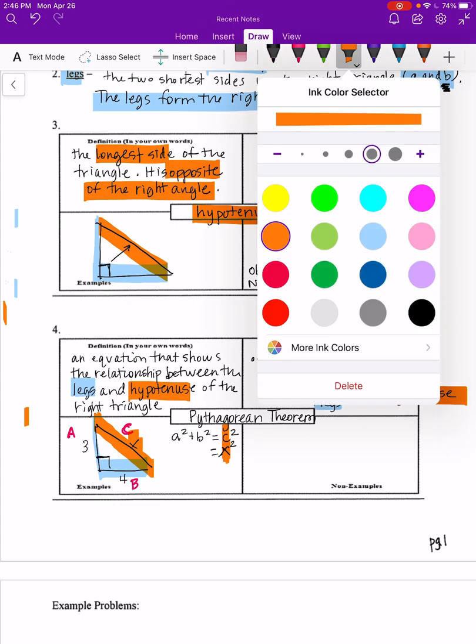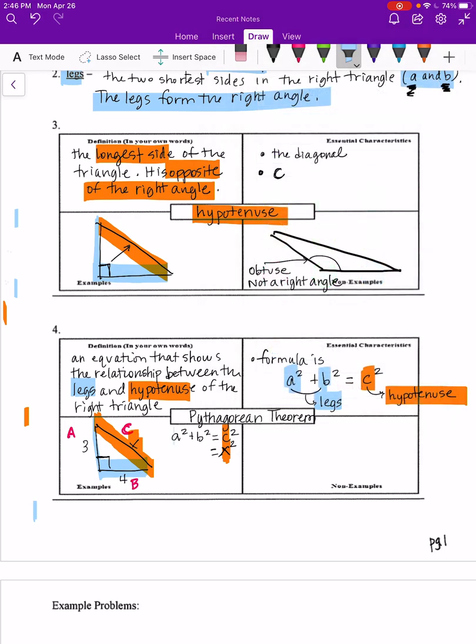Now we replace a and b with the legs. One leg is 3, the other leg is 4. It does not matter which is which. So I do 3 squared plus 4 squared equals x squared.